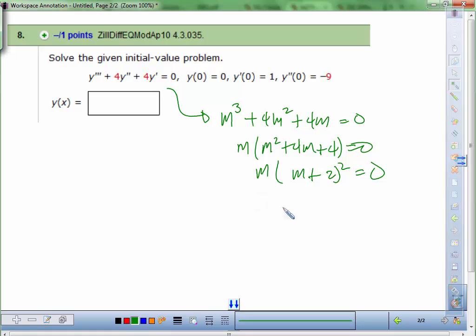So if we write down our solutions for our auxiliary equation, we've got m is equal to 0, and we have m is equal to negative 2 with multiplicity 2.